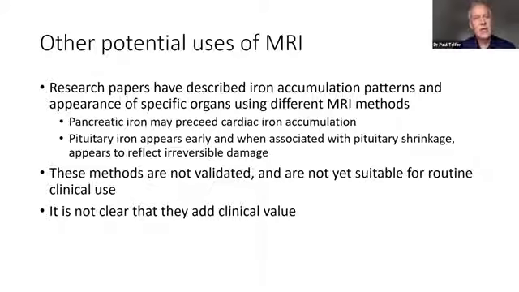And it's not clear that they provide vital clinical information to guide treatment beyond the methods that I described at the beginning of this talk. So I wouldn't advise using pituitary and pancreatic iron in routine clinical use. And I think what would be more important is to ensure good methodology for myocardial and liver iron if you're building up and developing a service.